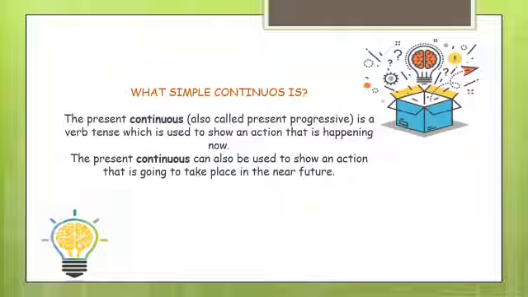The present continuous can also be used to show an action that is going to take place in the near future. So we can use the present continuous or present progressive for actions that are happening now, as well as for actions that are going to take place in the future.